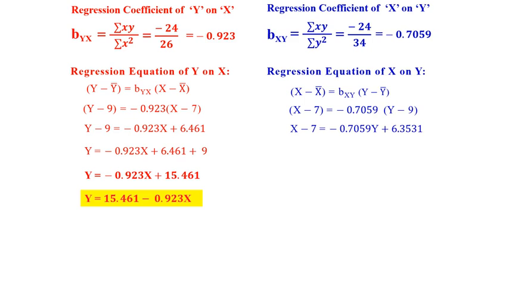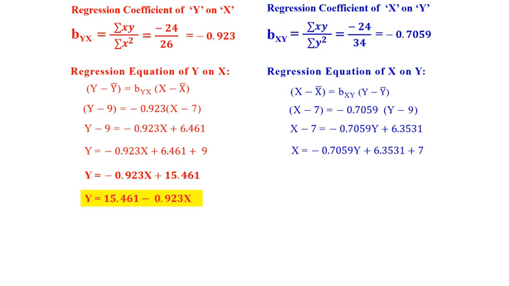Okay, simplify. X minus 7 equals minus 0.7059 into y gives you minus 0.7059y itself. Then minus 0.7059 into minus 9. So minus into minus becomes plus 6.3531. Okay, simplify this.